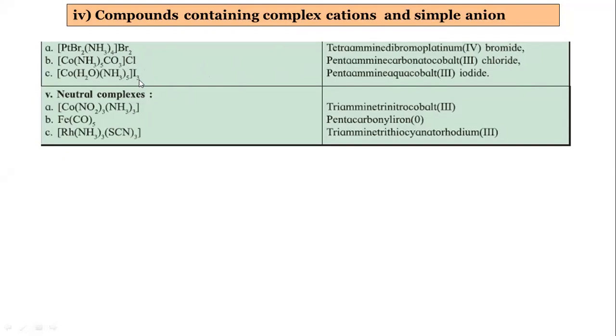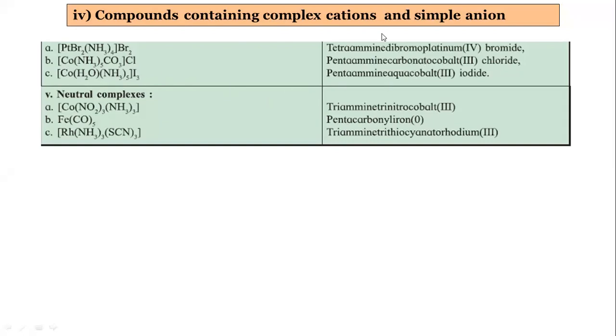Whatever is outside the square bracket, we write the names as they are. Bromide. Don't write bromo or chloro again because these are ions now, counter ions. So come to the second example. I will take these 3 examples and neutral examples because I want to start the new topic, that is effective atomic number.